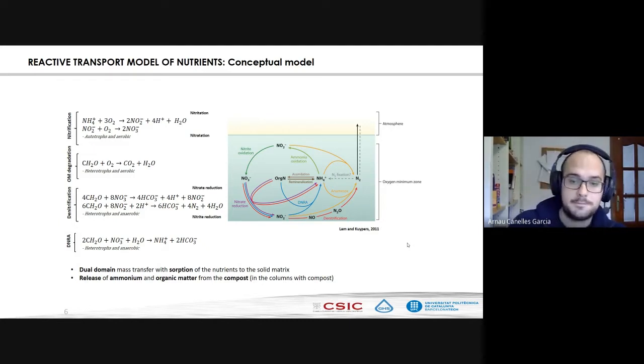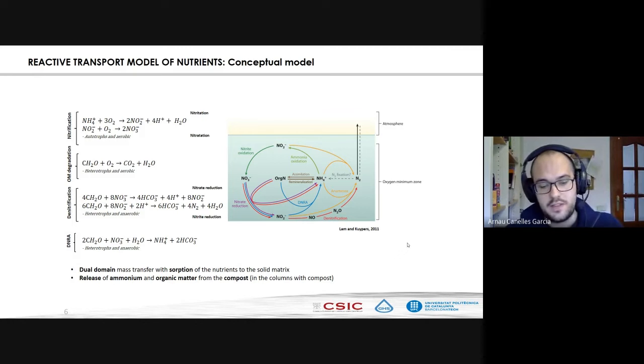But first, the processes from the nutrient perspective, mainly nitrogen and carbon, as I have already said, were nitrification, organic matter degradation due to aerobic processes, denitrification, and DNRA, okay? So we wanted to check if in these columns, these processes that naturally occur to degrade these nutrients changed in their dynamics.